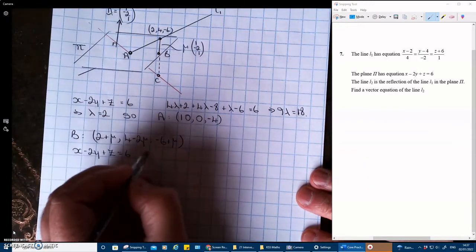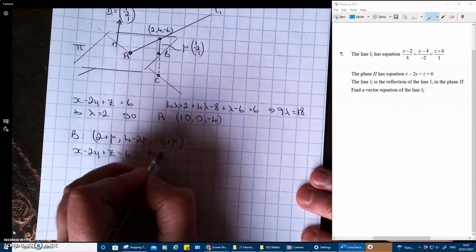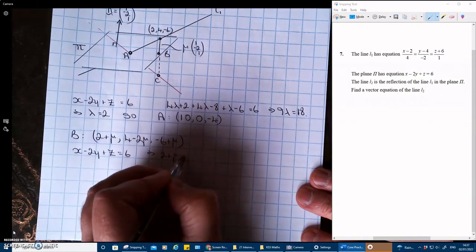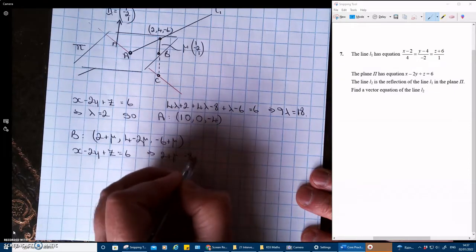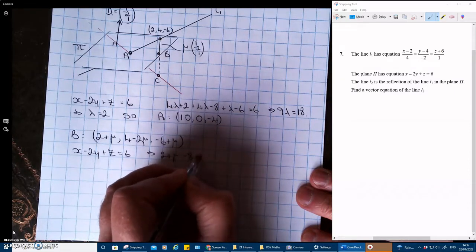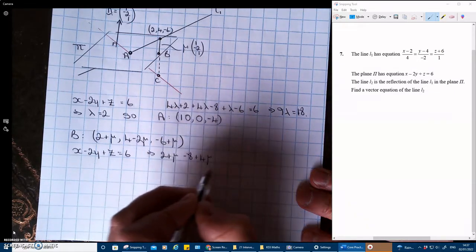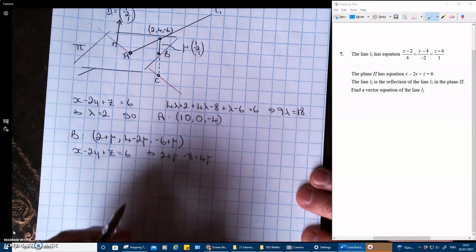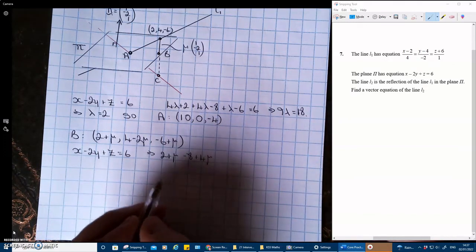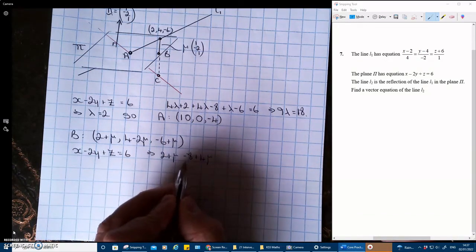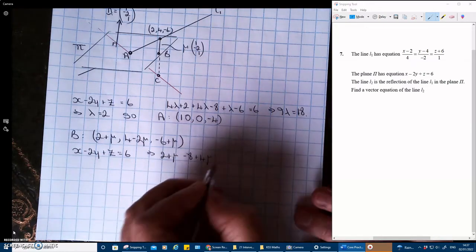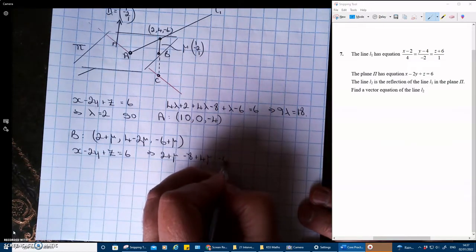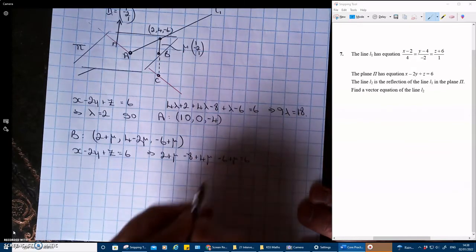So that implies 2 plus mu, take away 8 plus 4 mu, minus 6 plus mu equals 6.